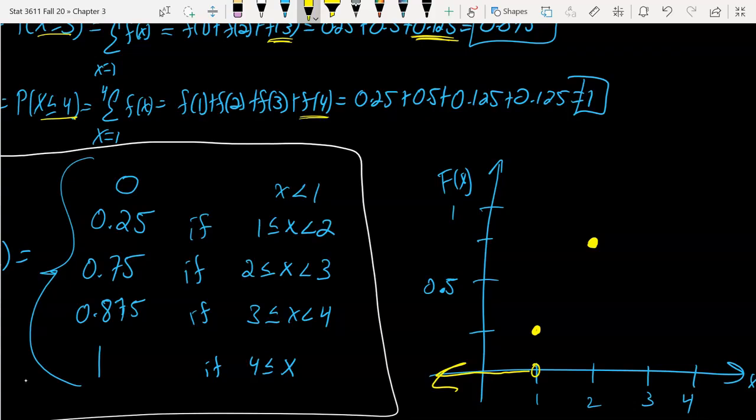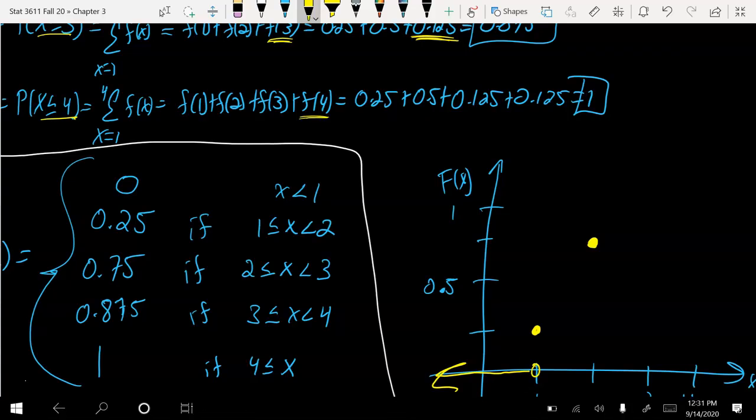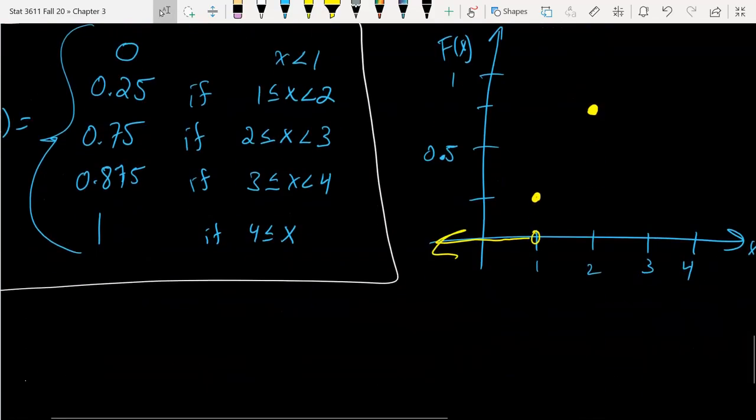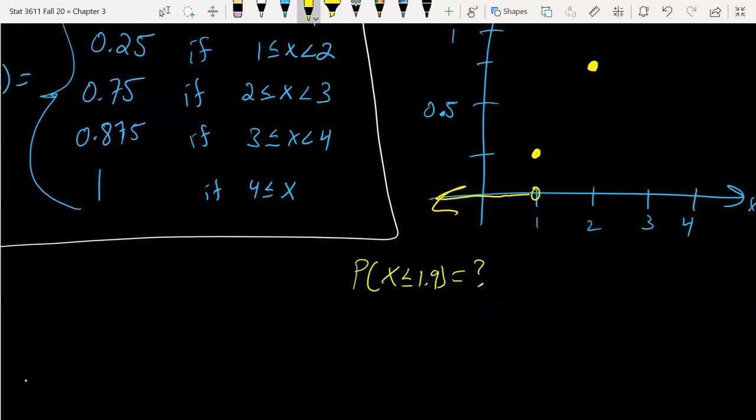Now, think about what's in between here, though. Think about something that's in between. What's the probability that x is, let's say, less than or equal to 1.9? Well, this is the cumulative distribution function.